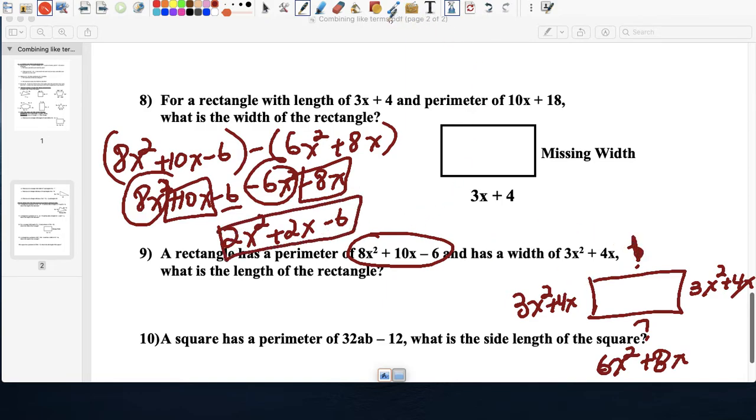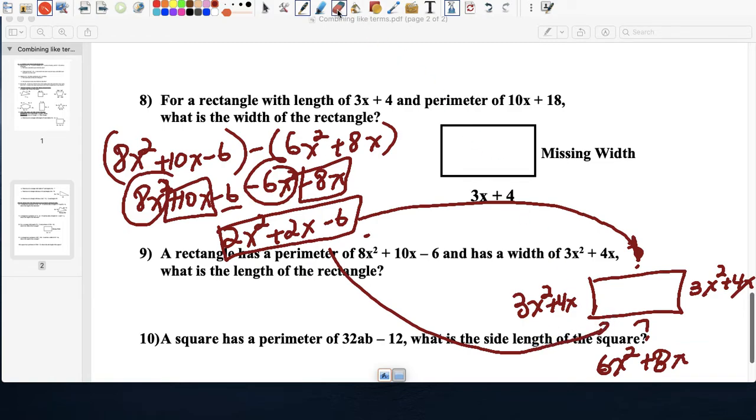So let me make it even less confusing for you guys. That represents this side and that side. I'll erase this guy over here. So the sum of these two missing sides that I don't know the value of is equal to 2x squared plus 2x minus 6.